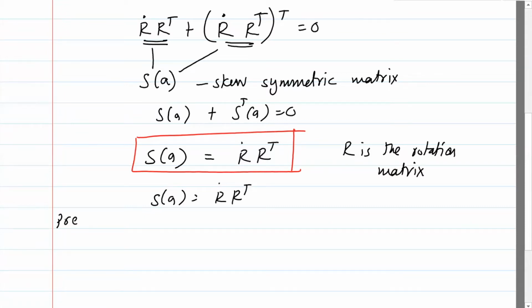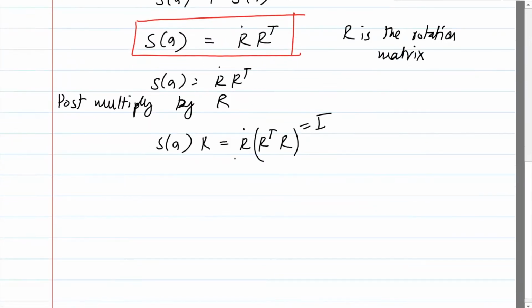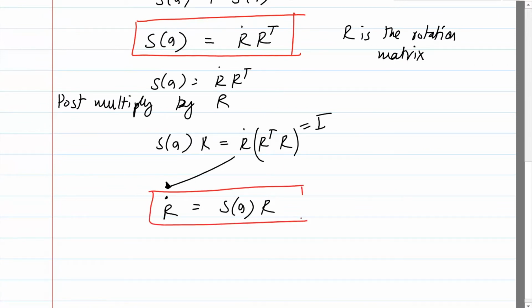Let's post multiply by R. So we have S of A times R equals R dot R transpose times R. But we know that R transpose times R is simply I. And so we can now write this as R dot equals S of A times R. So this is just telling you how to find the rate of change of R. You can just take S of A times R. Instead of actually using diff, you can use this property.